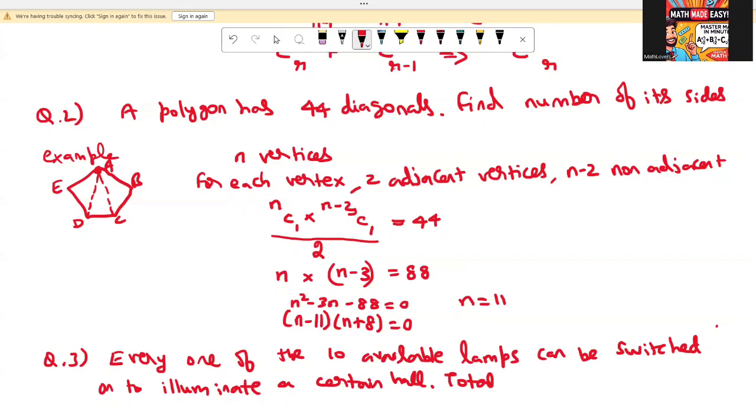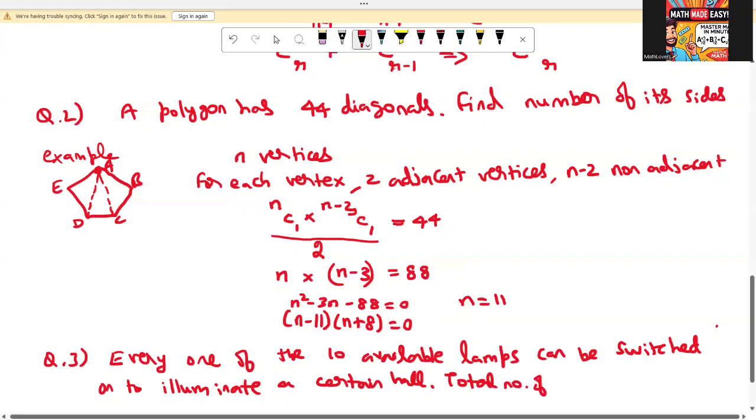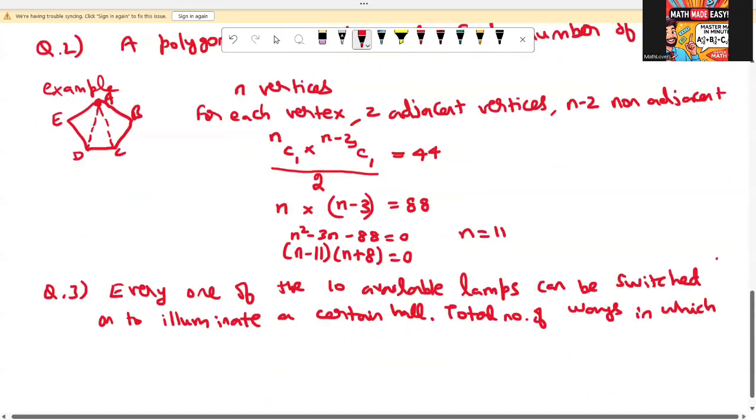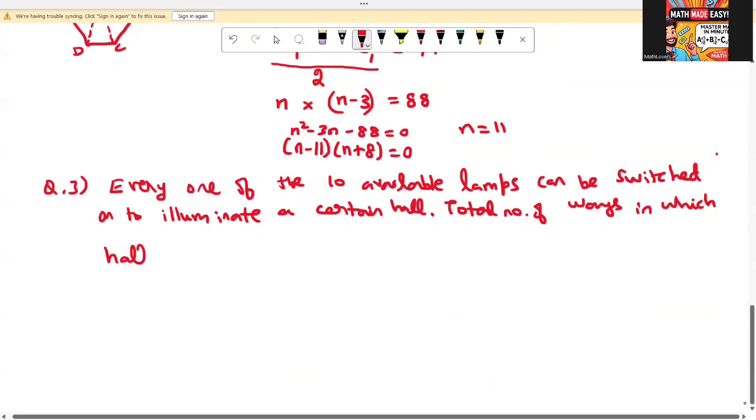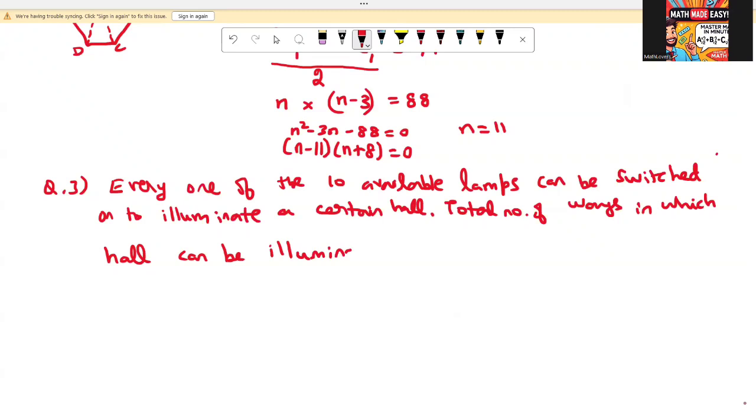Question is the total number of ways in which a hall can be illuminated. So they have not given us any specific ordering of the lights and hall.